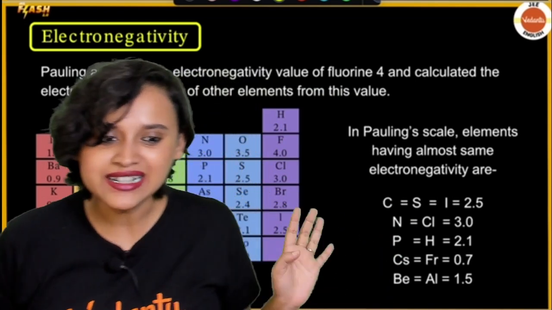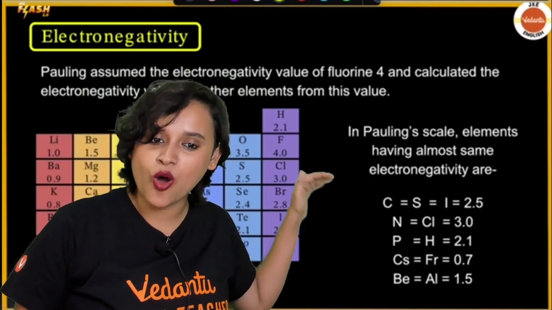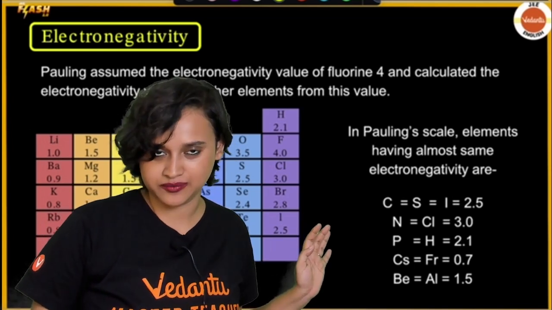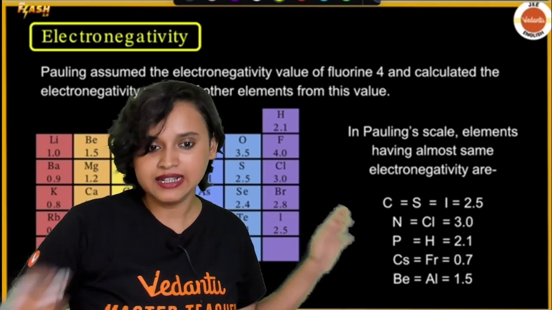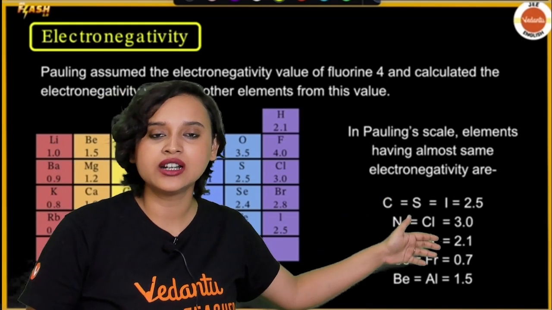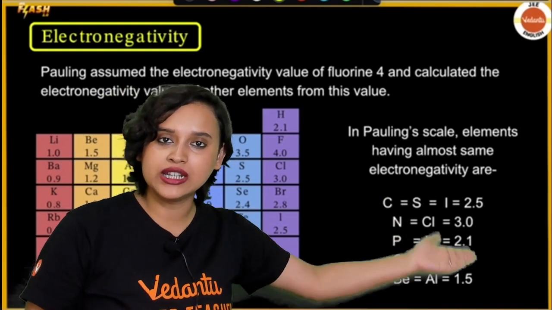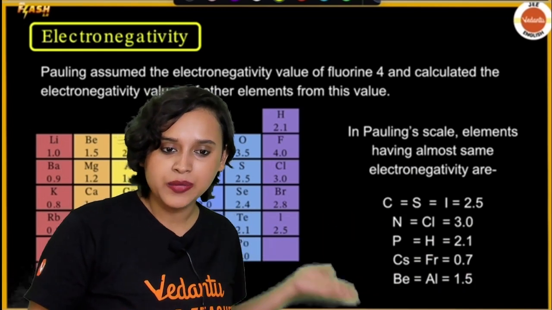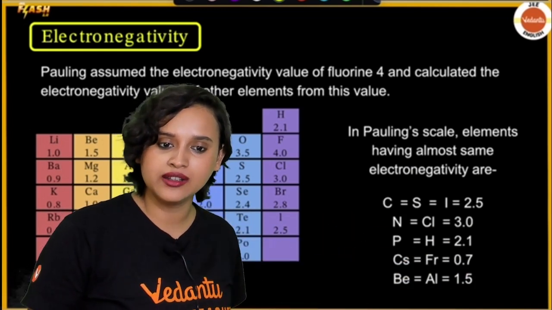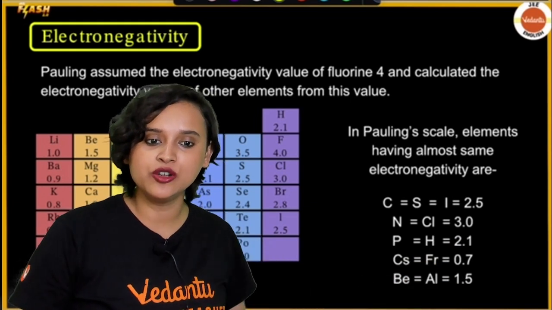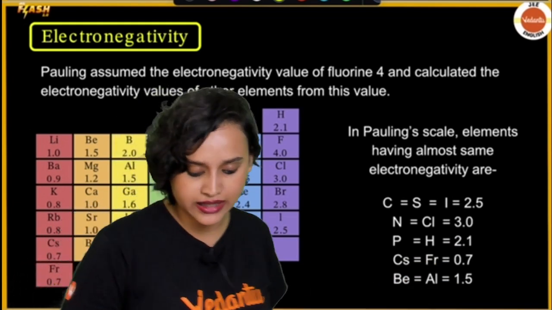So as per Pauling scale, some elements have almost the same electronegativity. Carbon and sulfur are 2.5. Nitrogen and chlorine 3.0. P and hydrogen 2.1. Cs and Fr are 0.7. Beryllium and aluminium are 1.5. So he did that.